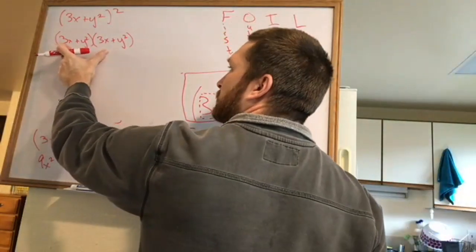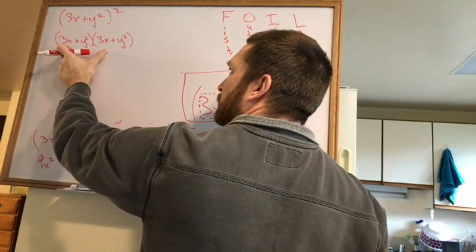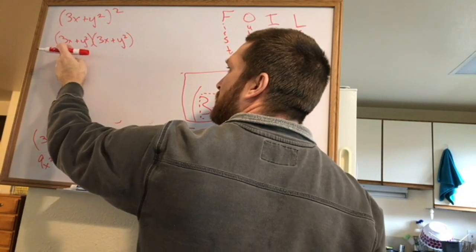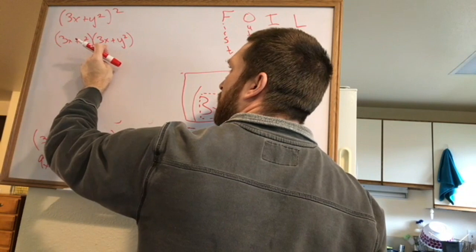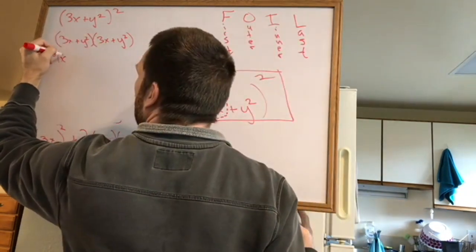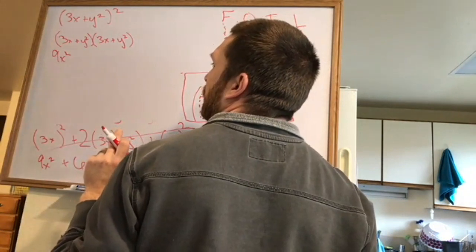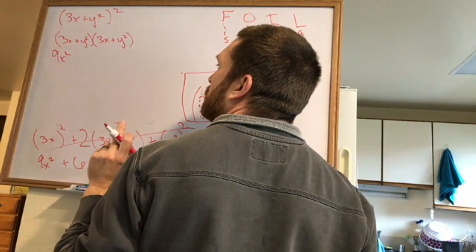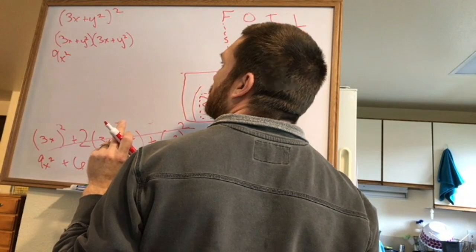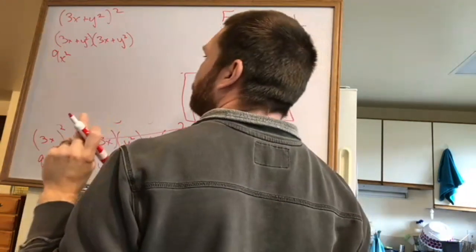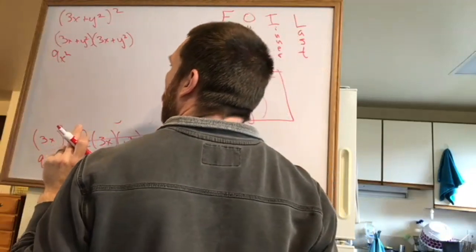What's first? What's 3 times 3? Oh, 9x squared. There we go. Outer gives me what? 3x y squared.